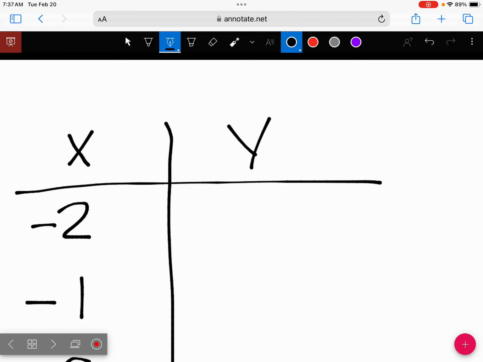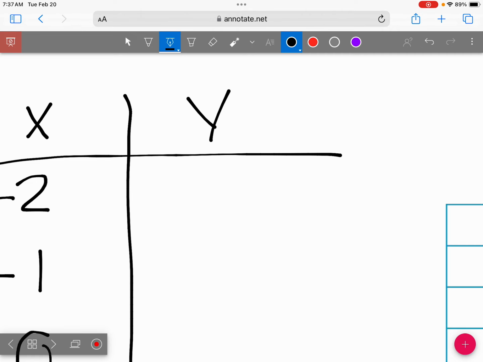So then we're going to evaluate our 3 to the x at these values. So we're going to take 3 to the -2. What is 3 to the power of -2? 1/9. Absolutely right. 1/9.